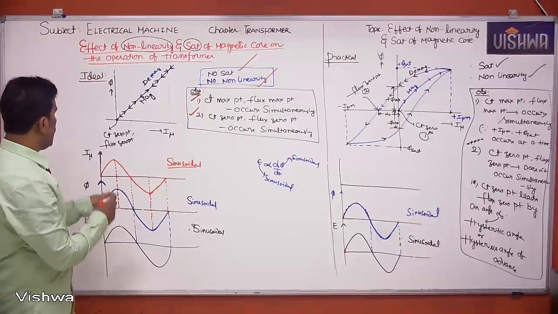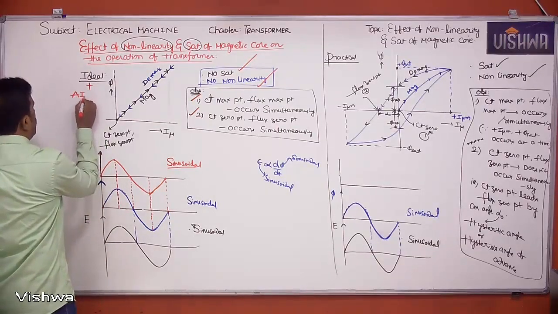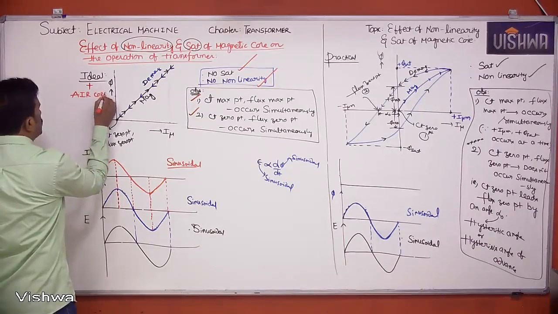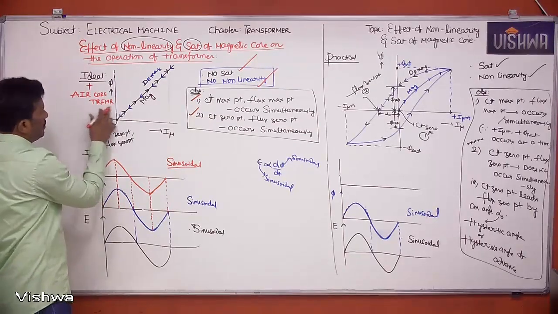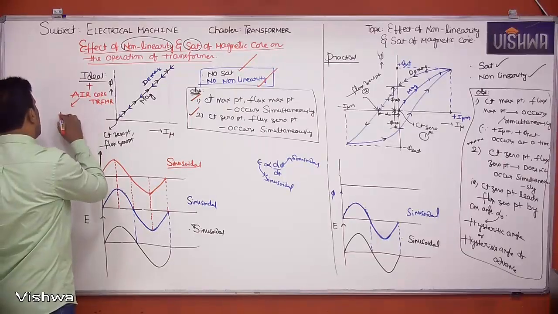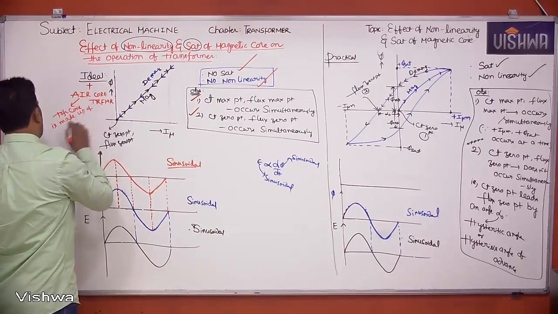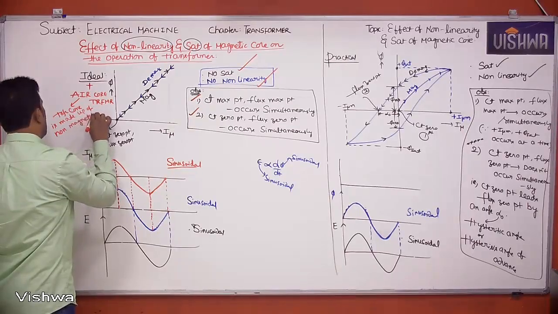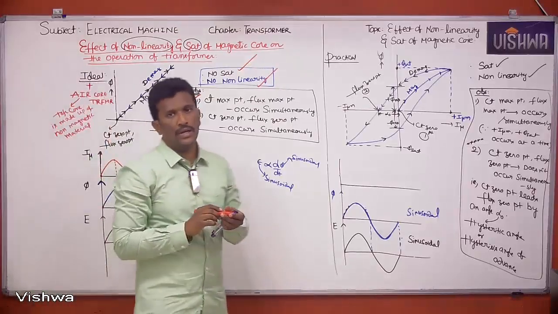To be frank, this is true not only for the ideal case but also for an air core transformer. An air core transformer means the transformer core is made up of non-magnetic material.